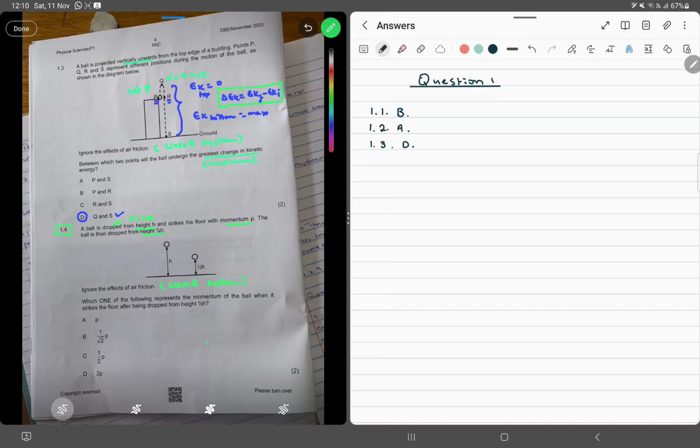So if we're dropping this, it means we can simply say mgh at the top is equal to half mv squared at the bottom.